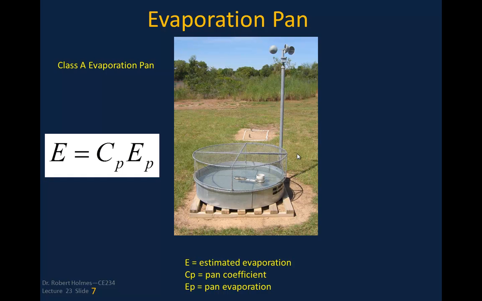A very simplistic way to estimate the evaporation is through pan data, what we call a Class A evaporation pan, which is what you're seeing here in the photograph. That's where we put water in a pan. You are measuring the airspeed here, and you are looking at how fast this water draws down in the pan, and that's the pan evaporation E_P, and that would have units of length per time, so inches per day or millimeters per day.